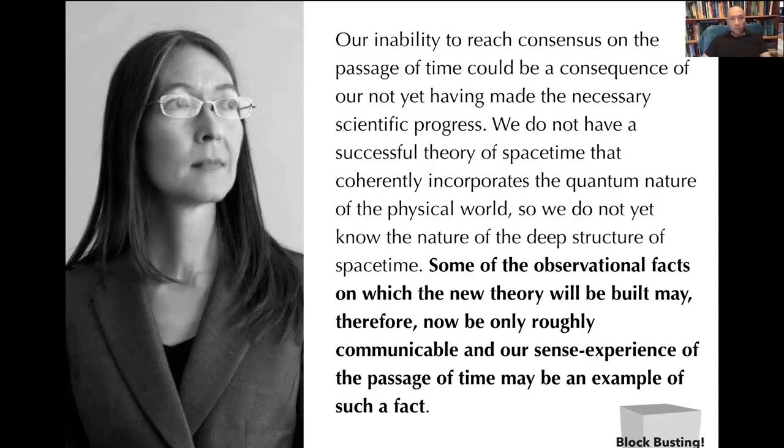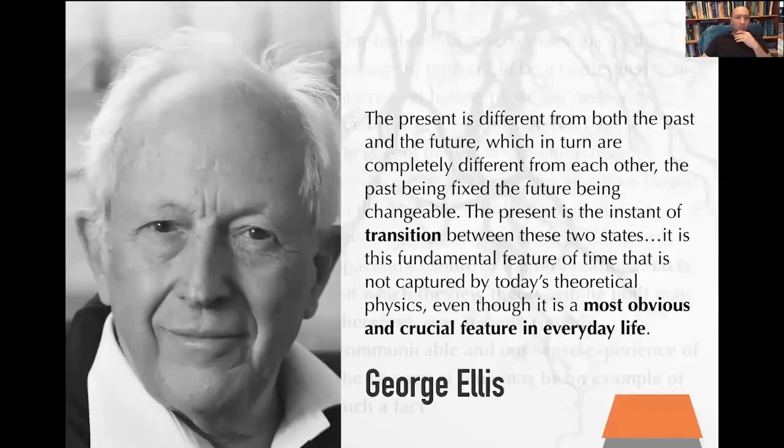I mean, Faye Dowker has her own approach to trying to incorporate the passage of time into physics based on this approach called causal set theory, which involves the birth of new bits of space, what she calls the birth of space atoms, which she thinks sort of introduces a notion of objective becoming or passage in the universe. I'm not convinced by it personally.